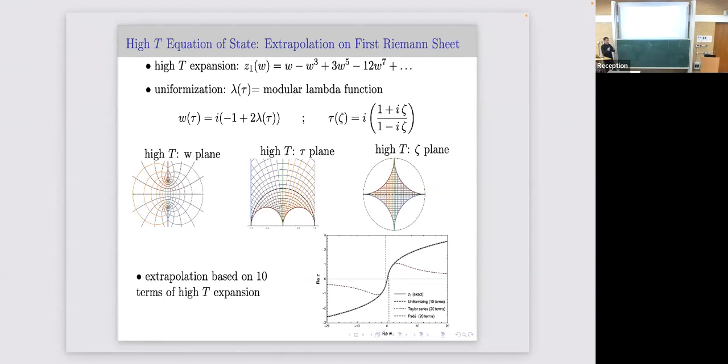And you're trying to get the equation of state on, say, the next sheet, which is the relation between z and omega. Okay, so from studying those coefficients, you can learn that it looks like there are 2 branch cuts on the first sheet. You can then make a uniformizing map for that situation, which is in terms of this modular lambda function.